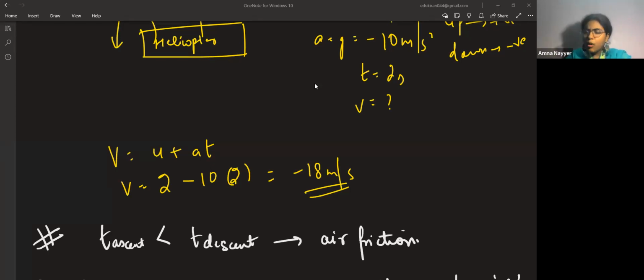If you want to take downwards as positive in this question, your final answer should come positive. If you have chosen downwards as positive and your answer is still coming negative, then your answer is wrong, because the magnitude is right but the direction is incorrect. Fine, so just pay attention to all this.